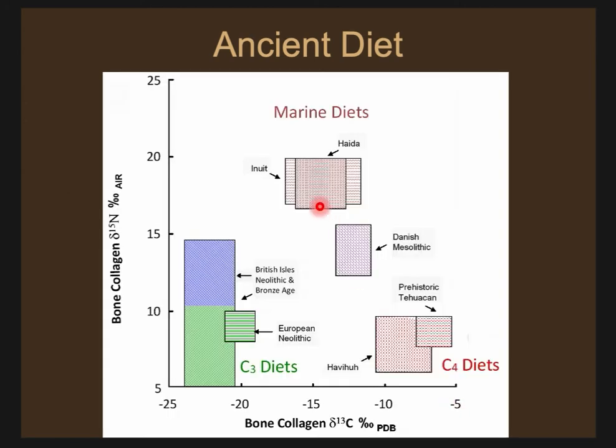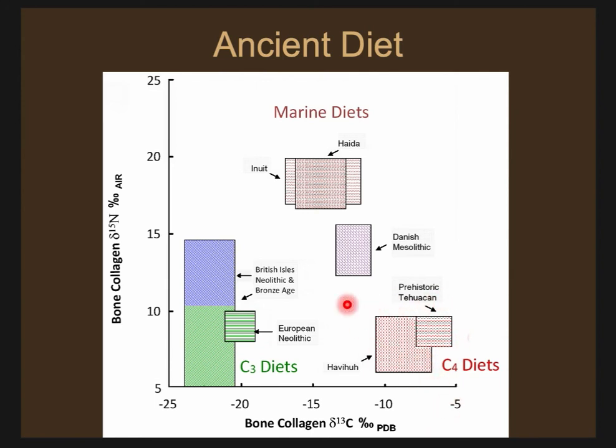Right? So, typical ancient diets, ones that were heavily reliant on marine mammals and fish, the Inuit and the Haida, or marine plants and fish and fewer marine mammals would be Denmark during the Mesolithic. C3 diets like wheat and barley, that would be the European Neolithic, and then Mesoamerica, C4 diets, where you would have a lot of maize.